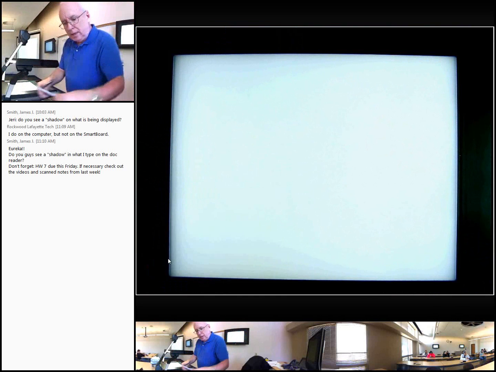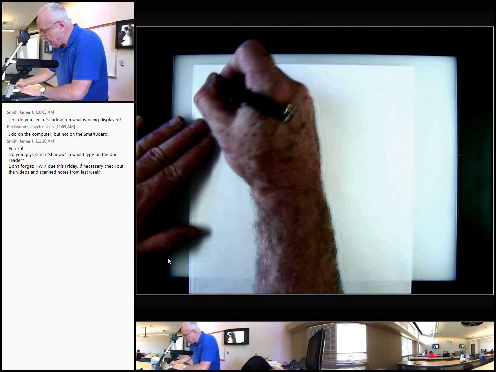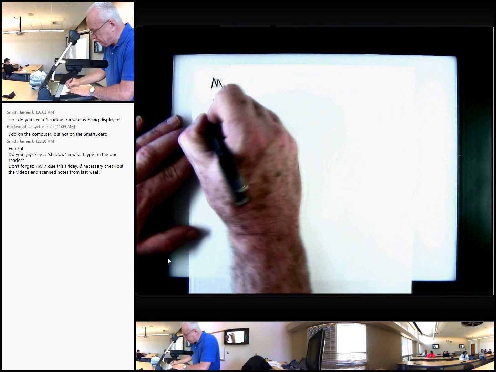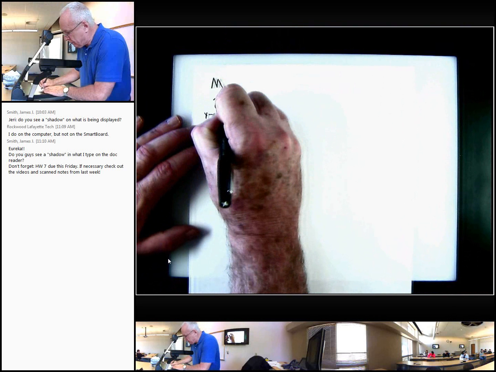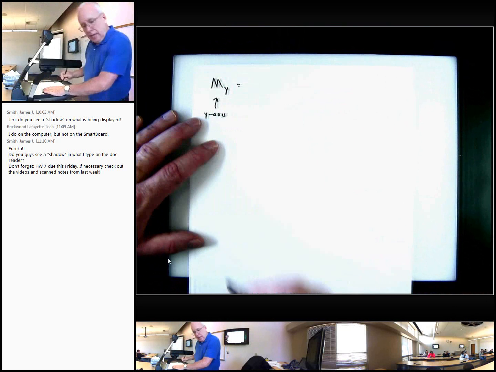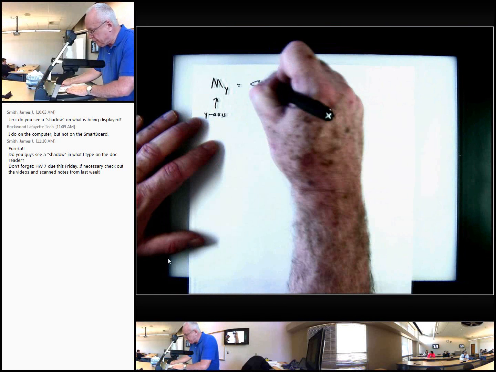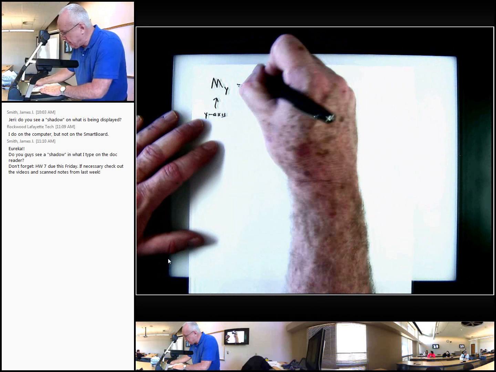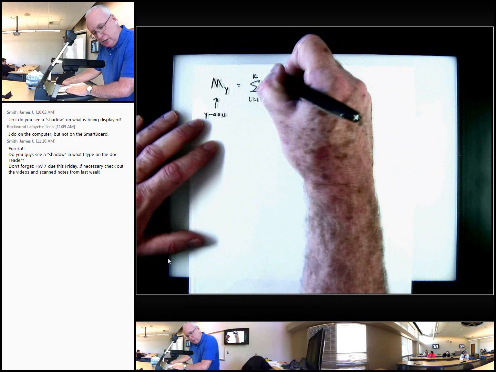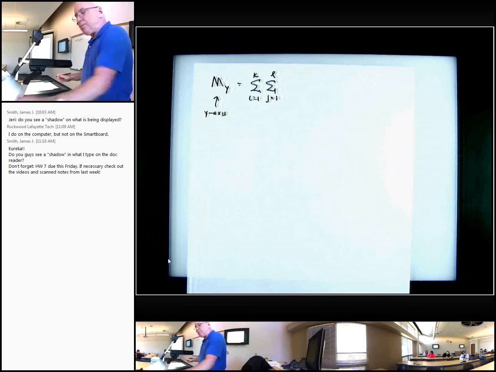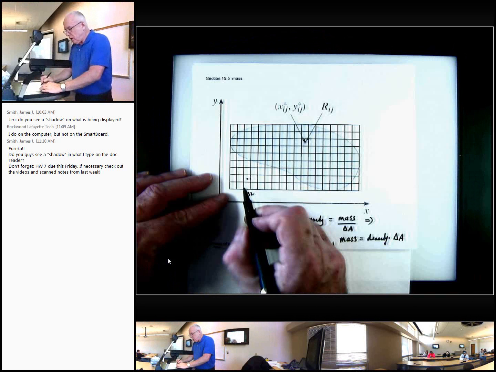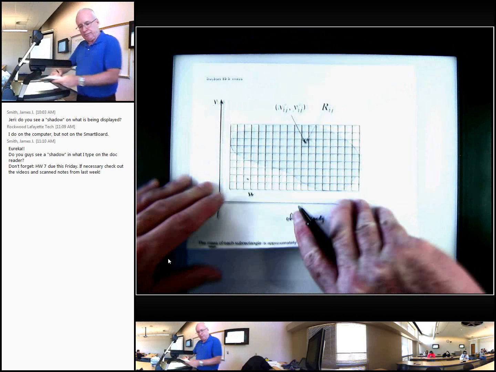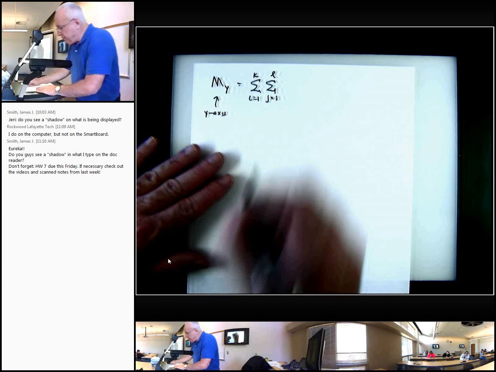So I can say this, M sub y, with respect to the y-axis, is equal to a double summation, just like we talked about, i equals 1 to k, j equals 1 to l. This represents summing up all the indices, horizontally and then vertically, of that center.